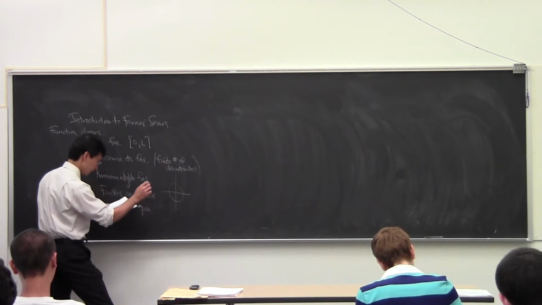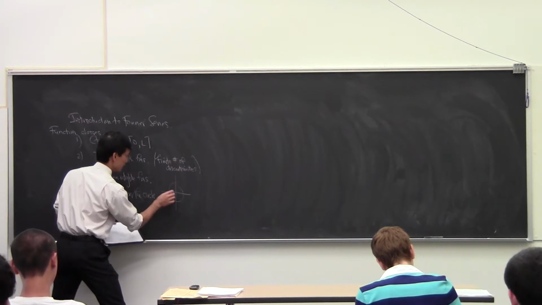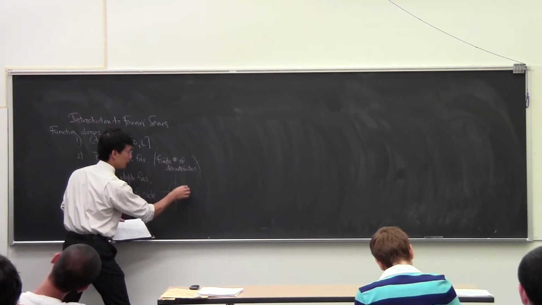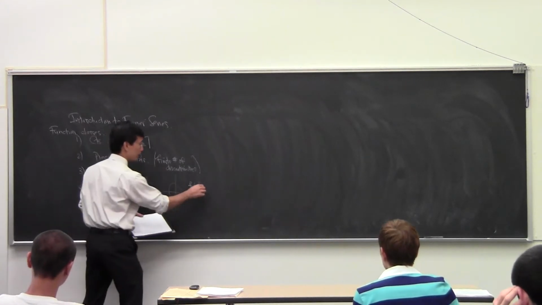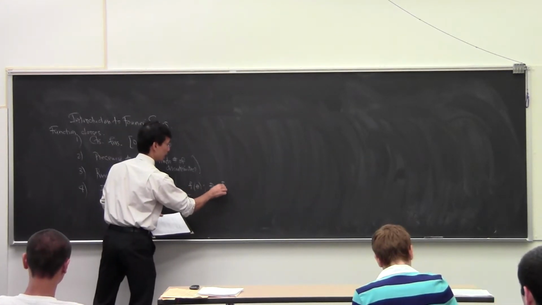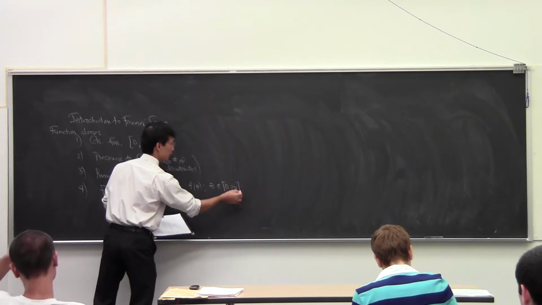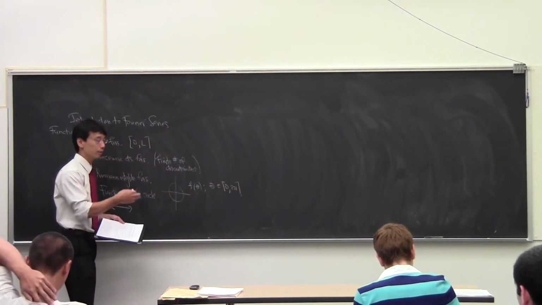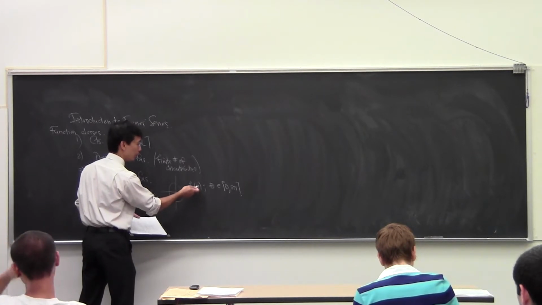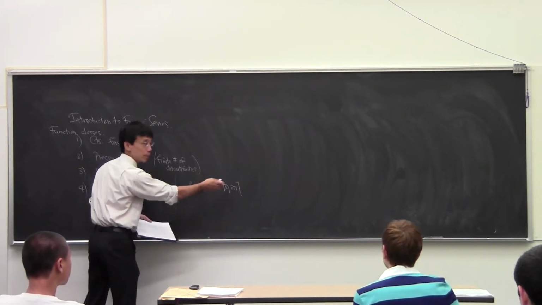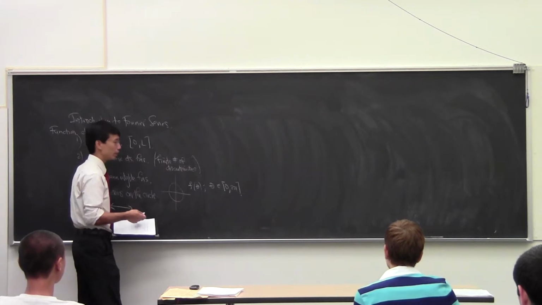So let's say on the circle, you can have a function of the angles. The angles range from 0 to 2 pi, say, or from negative pi to pi, or whatever you want. And the thing is that f at 0 has to be f at 2 pi, right?